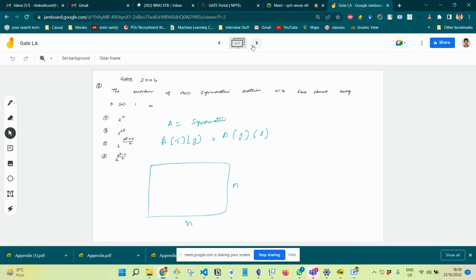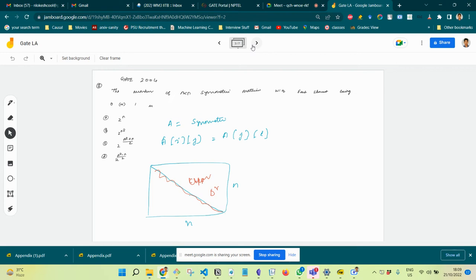Once you fix the leading diagonal and the entries above the leading diagonal, then the entries of the lower triangular part are automatically fixed. That is why when you're counting, you should count only the number of entries in the leading diagonal and the number of entries above the diagonal.